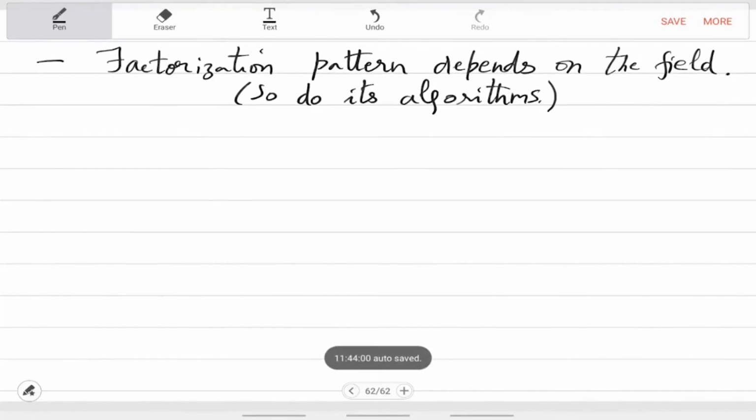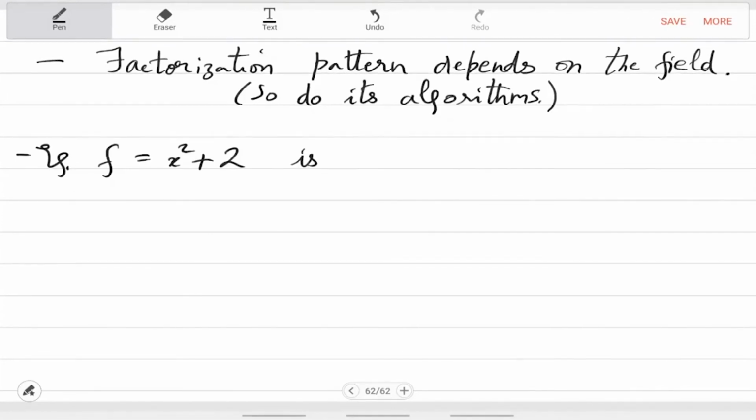An example is if you look at the polynomial x^2+2. Over Q it is reducible or irreducible? Why is it irreducible?